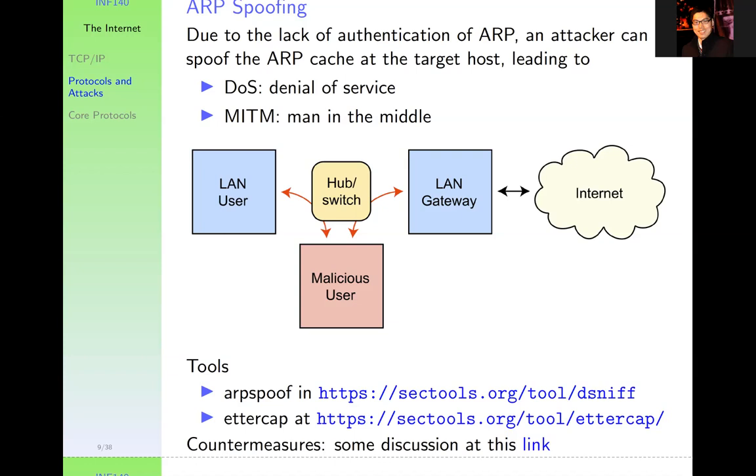So this malicious user wants to pretend to be the gateway router. So it sends out a broadcasting message to the local area network, mentioning, okay, the MAC address of this IP address for the router is here.